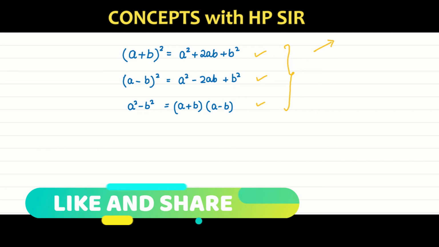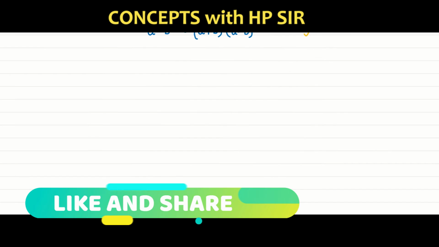So let's begin today's video with the first question, that is (3x + 5y) whole square. So using the formula we can say that this is equal to the square of 3x plus twice of the first term multiplied by the second term plus (5y) whole square.